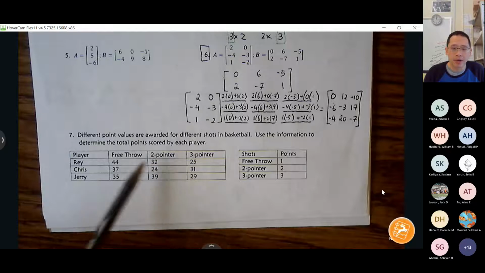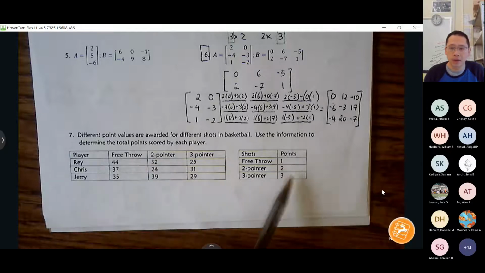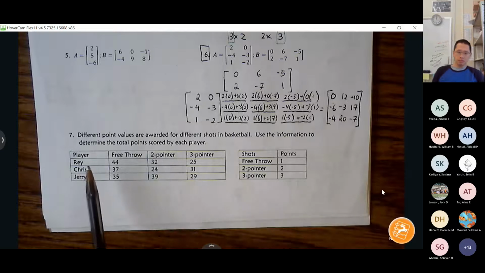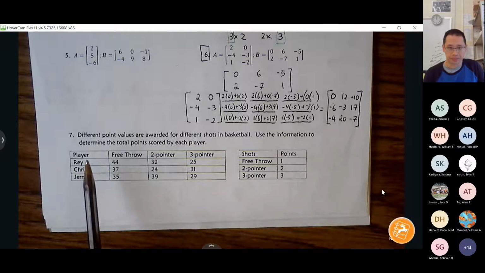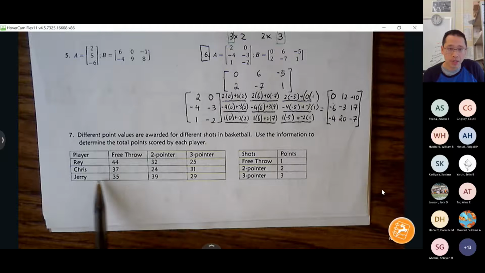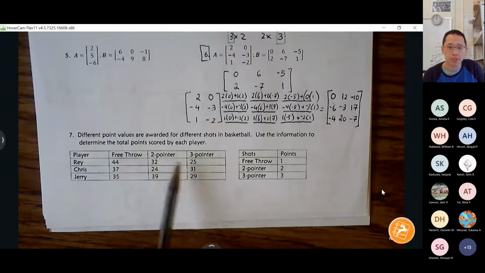We have a 3x3 matrix and a 3x1 matrix. Ray, Chris, and Jerry, we see their total number of free throws, 2-pointers, and 3-pointers made over the collection period.